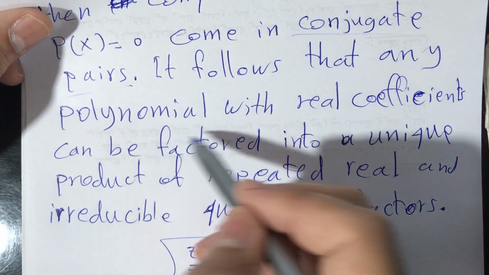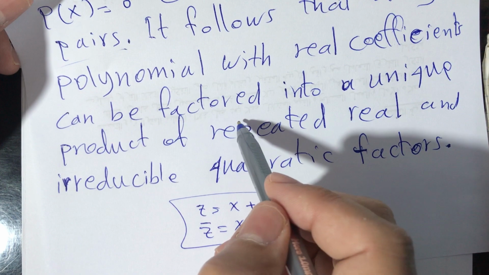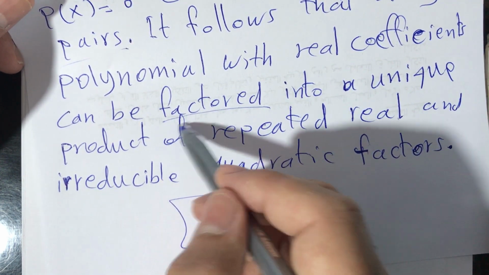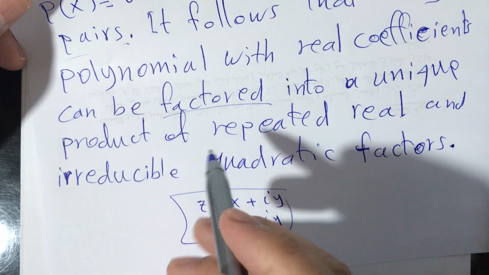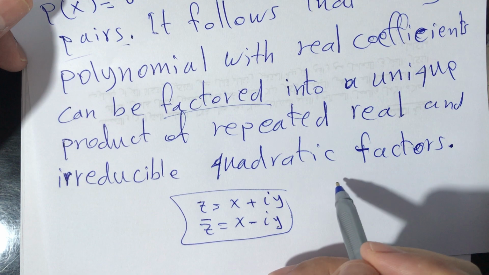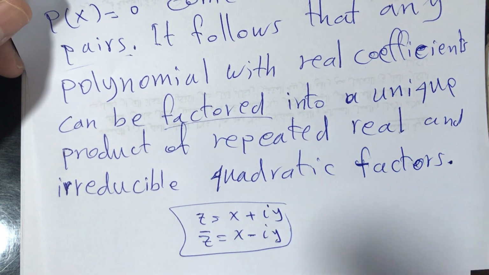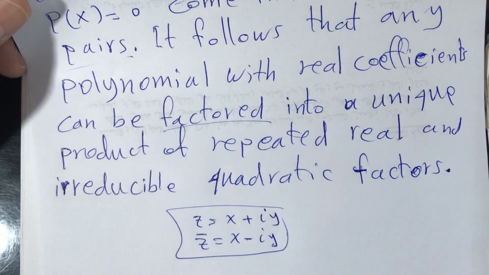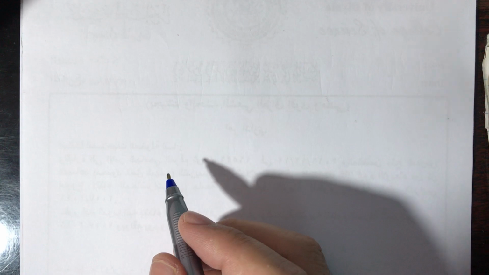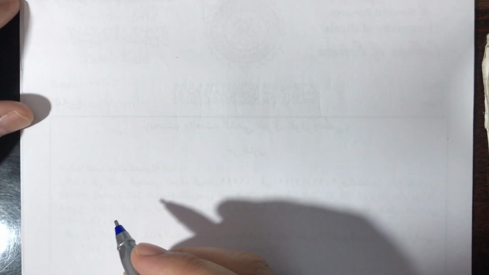It follows that any polynomial with real coefficients can be factored into a unique product of repeated real and irreducible quadratic factors. This is page number 6. And we take a proposition.